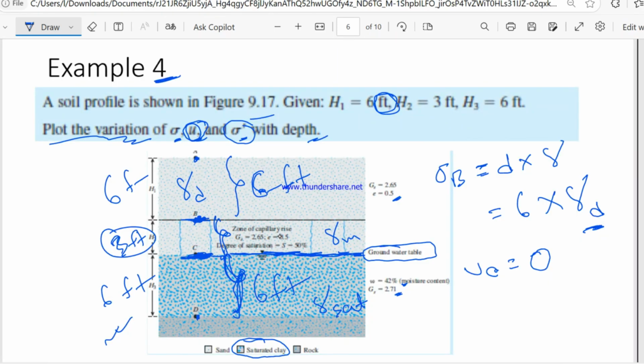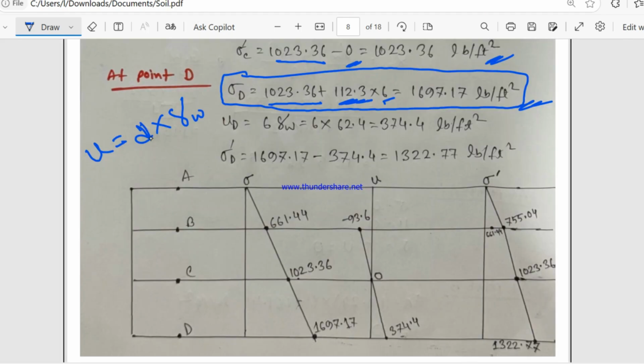Here this is the groundwater level, and for point D, the distance from groundwater level to D is 6 feet. So the distance is 6, and water unit weight is 62.4. This is a fixed value for feet. Then we get 374.4 pounds per square foot.